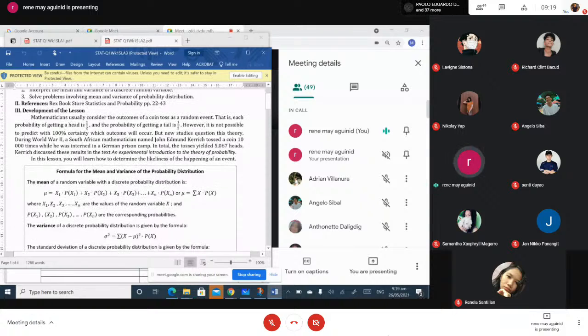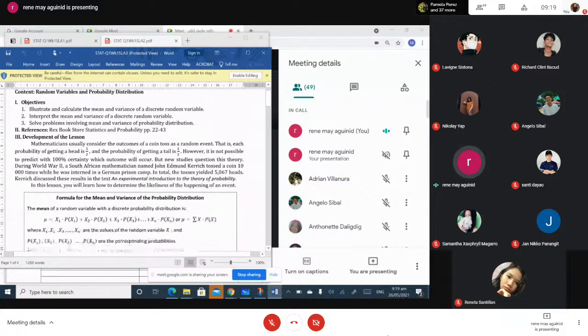So this is how to illustrate and calculate the mean and variance of a discrete random variable. What is the mean? If you talk about the mean, that is the average of the data given, and the variance is the so-called spread of the data, because you cannot get the standard deviation without the variance, and standard deviation is the spread of the data.